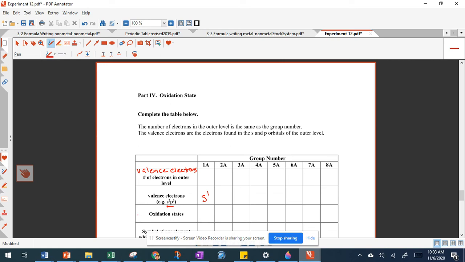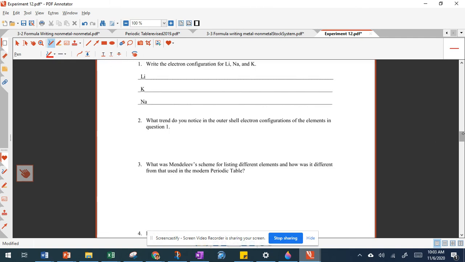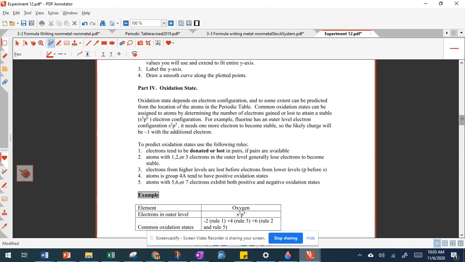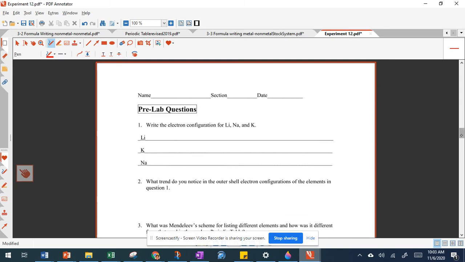For the oxidation states, you can use your charges that we've been using. And you don't have to, I know earlier in the lab, let me pull this back up, you'll see that they have a very complex way of making predictions about charges. Don't worry about using these rules here. For this, I just want you to look at the general charges for your group.